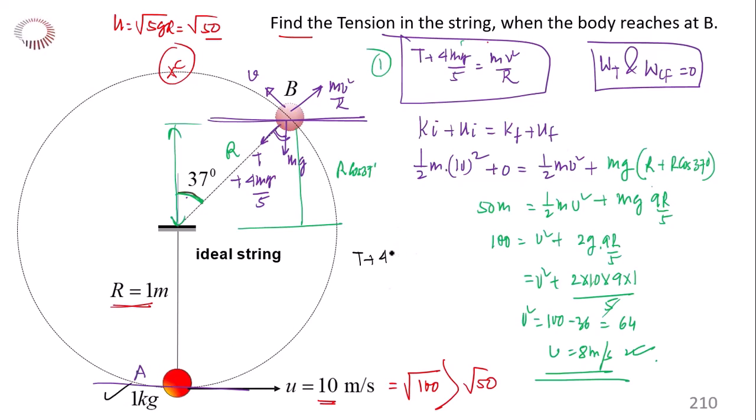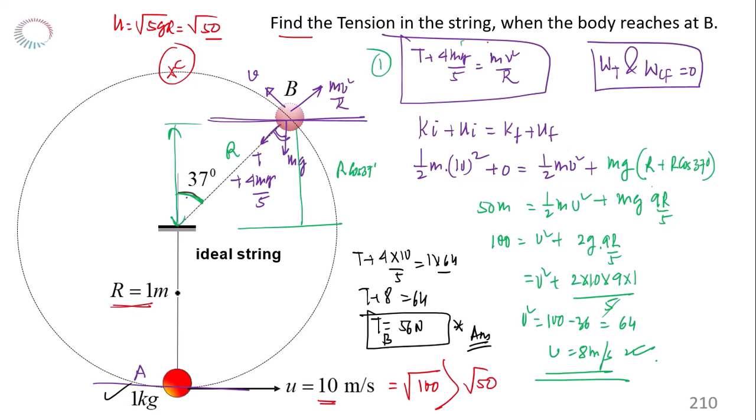So 1 into g means 10, into 4 by 5, that should be equal to 1 into v square, which is 64, by r, which is 1. So here I am getting 8, 5 into 2 is 8. T plus 8 equals 64. That means T equals 56 Newton. So that will be your answer. So tension at point B equals 56 Newton.